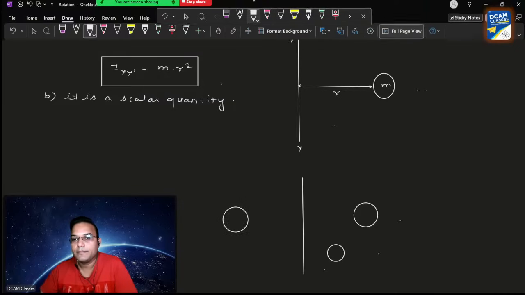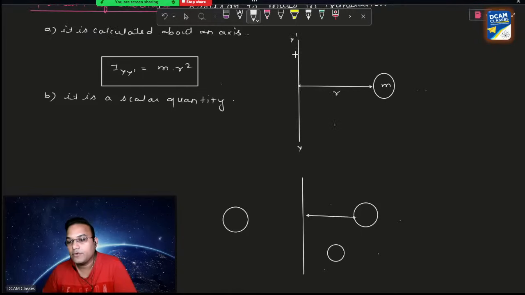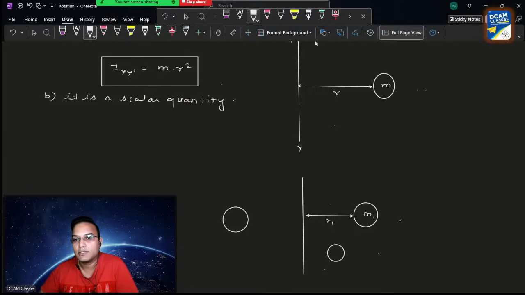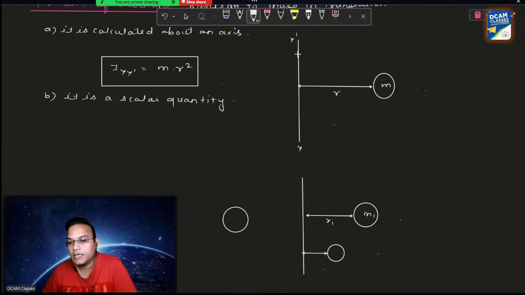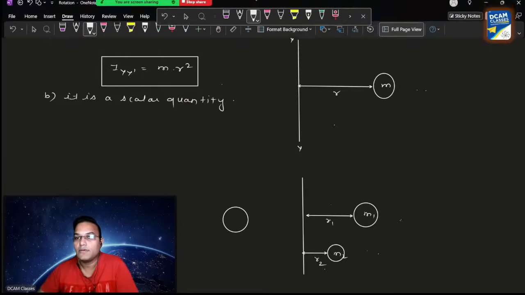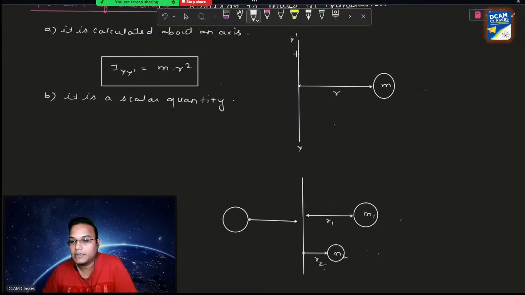Let's say the mass is m1, the radius is r1. For this, the mass is m2 and radius is r2. For the third one, the mass is m3 and the radius is r3, suppose.